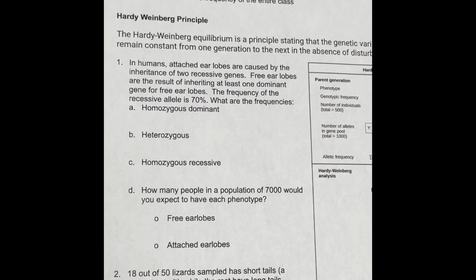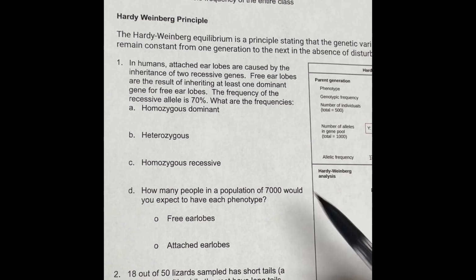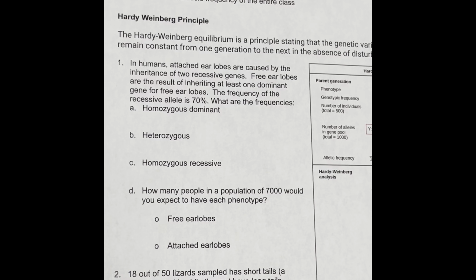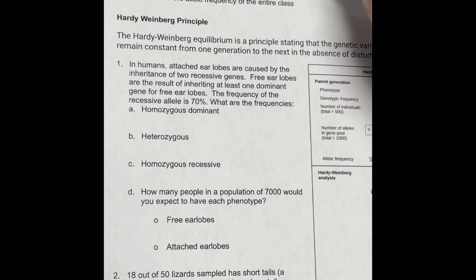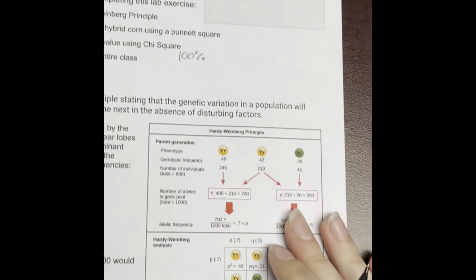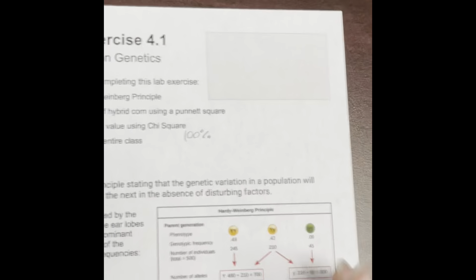Now, whether or not that actually happens is going to be in the next step, but first we're just going to analyze that ideal proportion. So, Hardy-Weinberg decided that he needed a way to measure 100% of the population. So we want to find out what 100% of the population is.